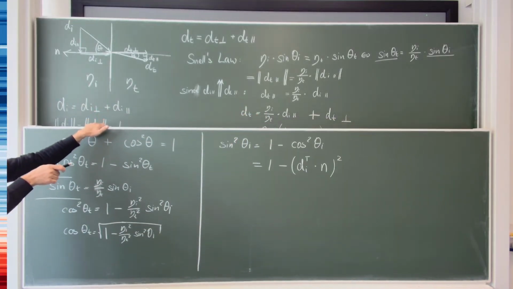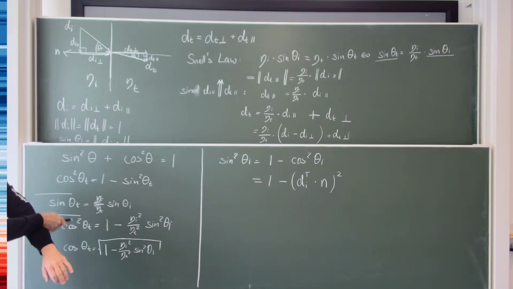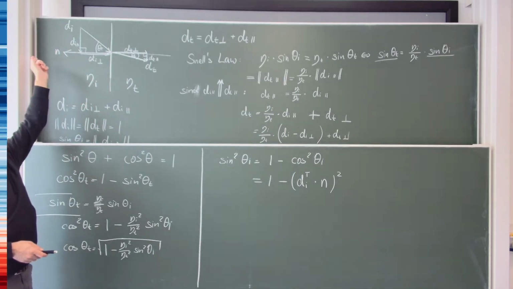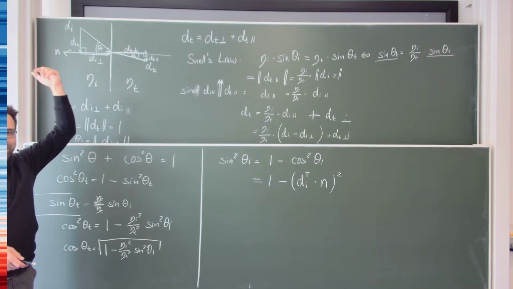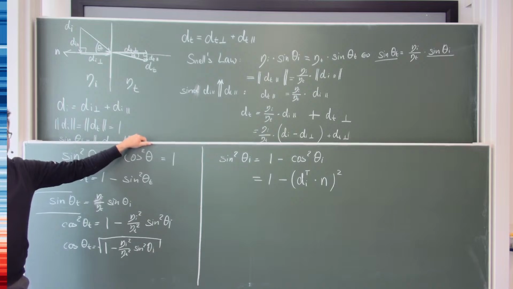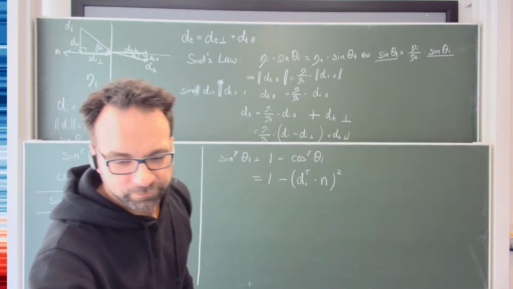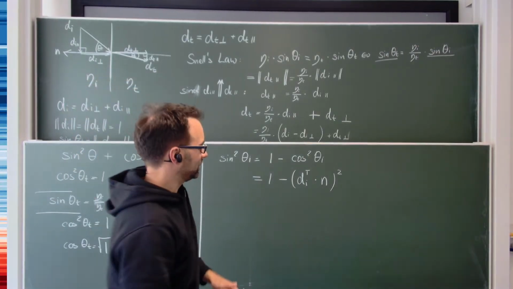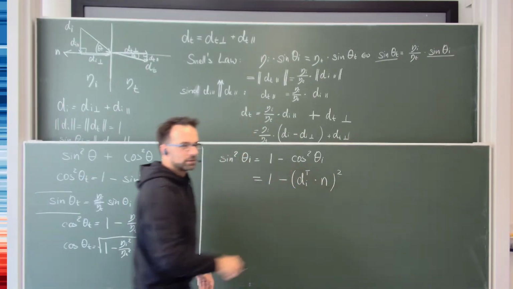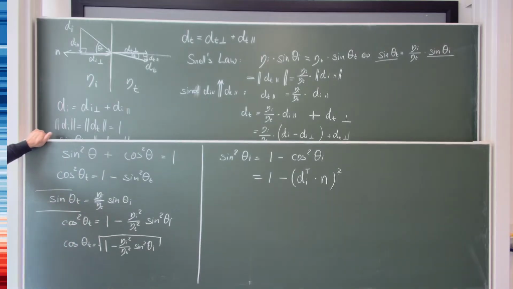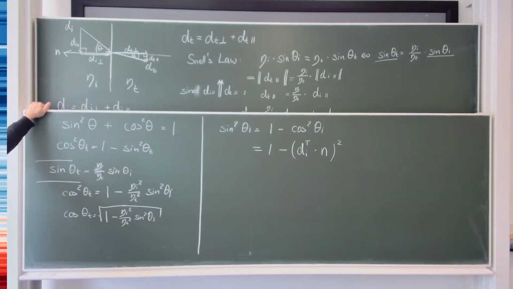Let's just briefly check signs. The cosine of theta I is positive. The dot product of di and the normal is negative because both point into opposite directions. Do we need to account for that? Yes, we are squaring the dot product, so the minus sign does not matter. All right? We're done.